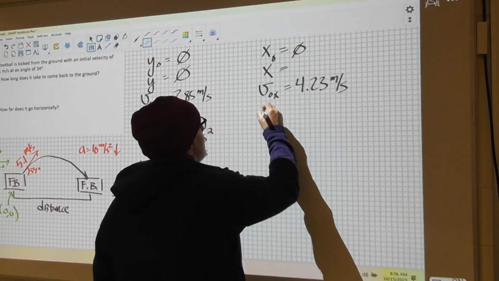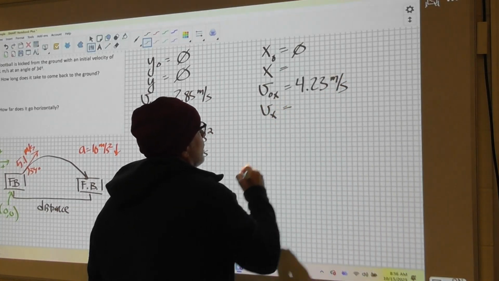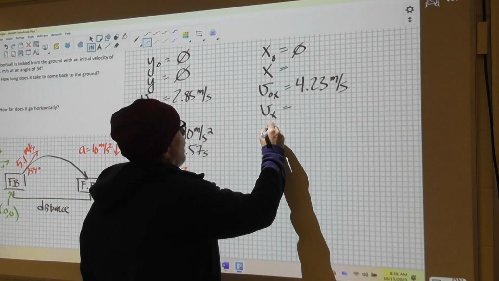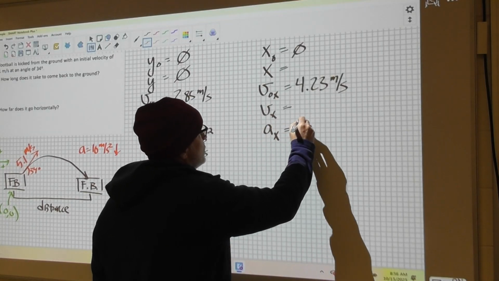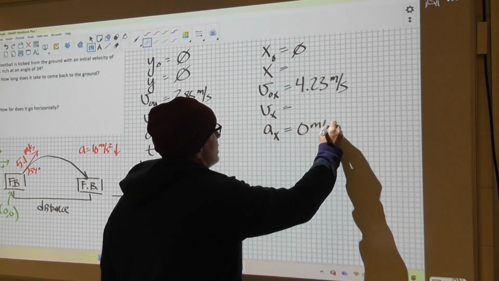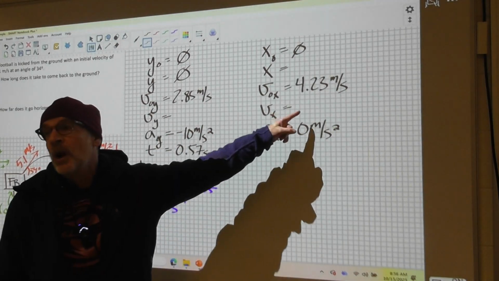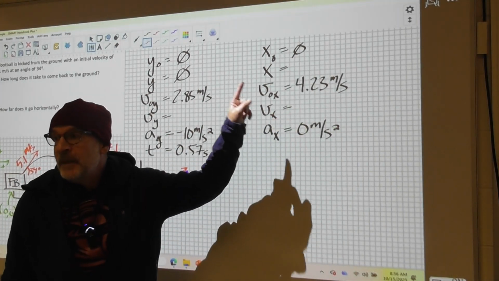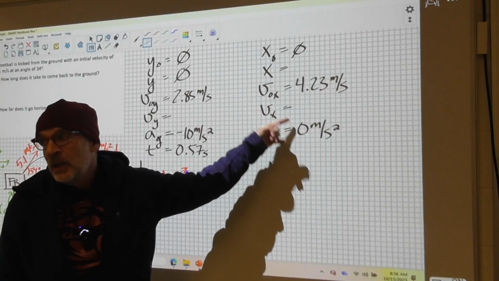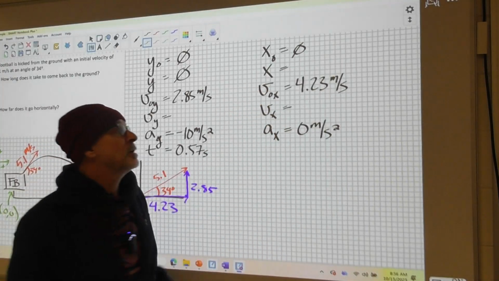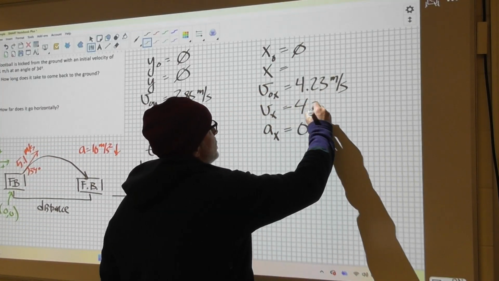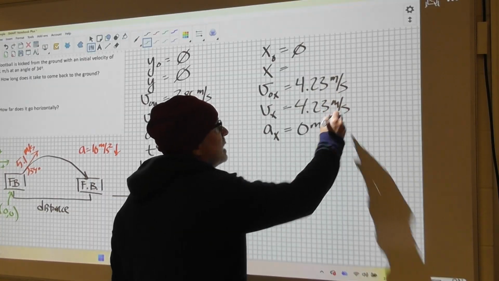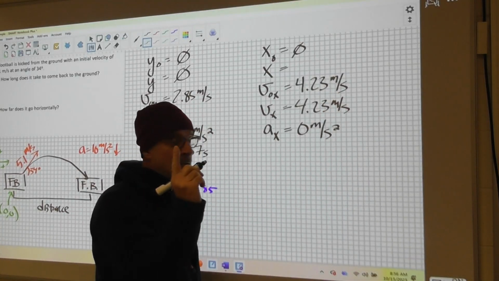We have no idea what its final horizontal velocity is, but its horizontal acceleration, because it's in free fall, is 0 meters per second squared, which means we actually do know what the final velocity is. If you have no acceleration, your velocity won't change. So we actually do know this is 4.23 meters per second. It's moving left to right at a constant speed.